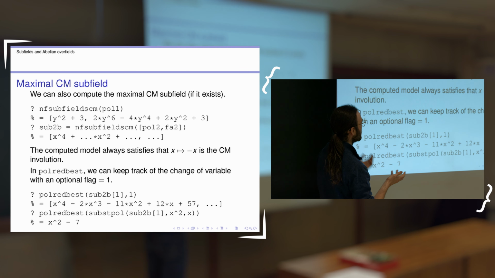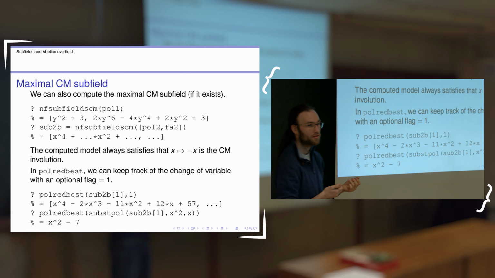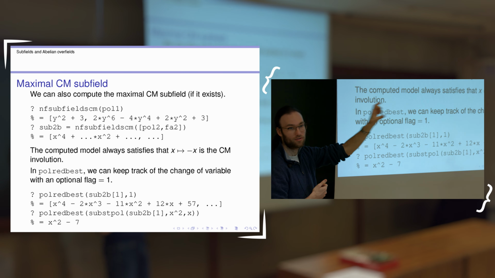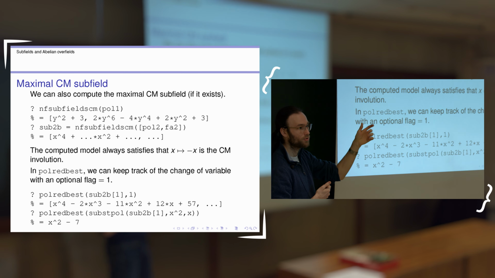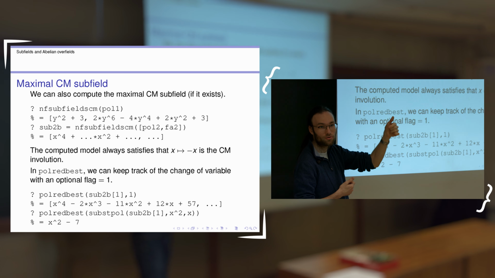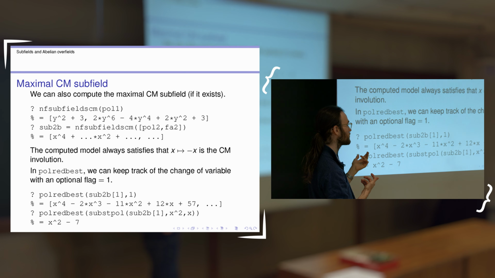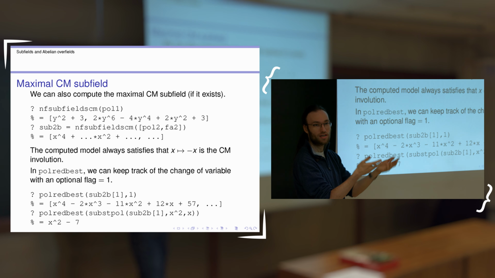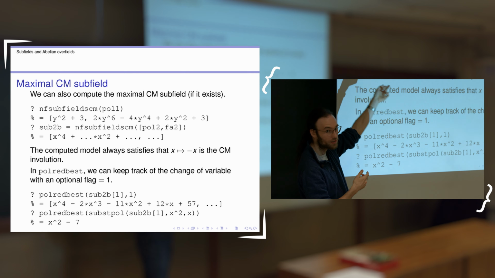How would you test if a given number field is CM? Either you compute all of its degree 2 subfields and see if there's a totally real one, or you compute all the order 2 automorphisms. If your field is Galois in the first place, you can use Galois and things like that. This will do it.